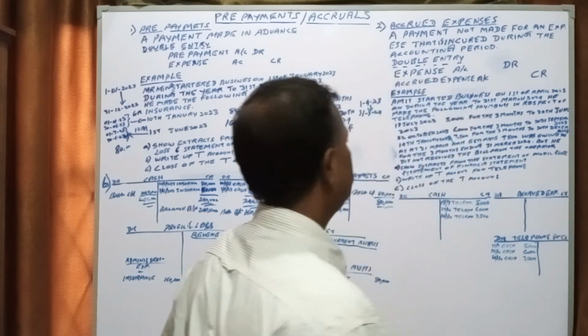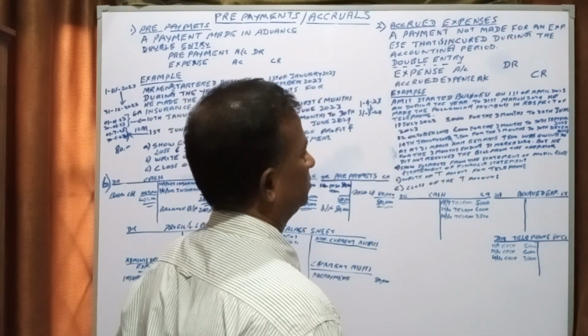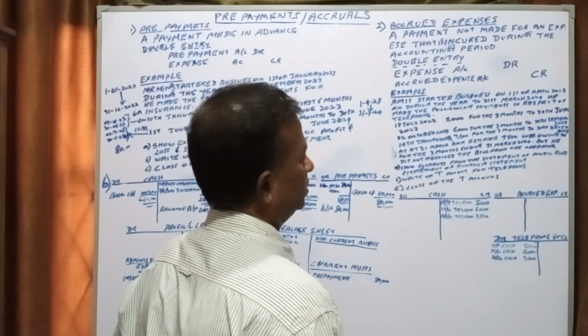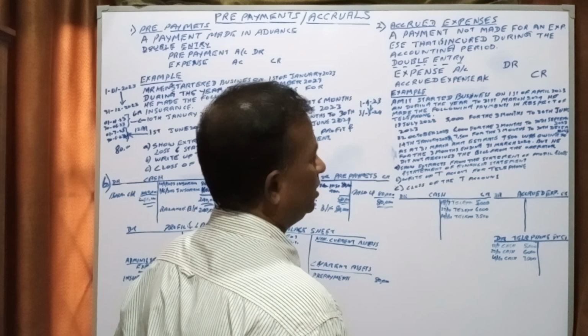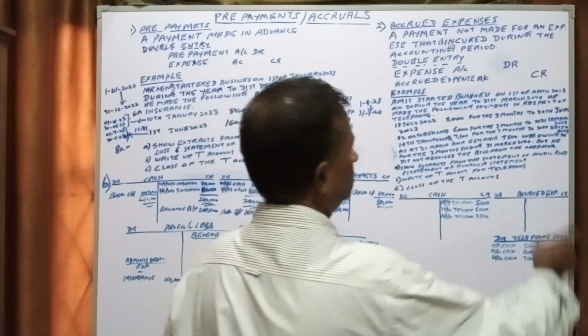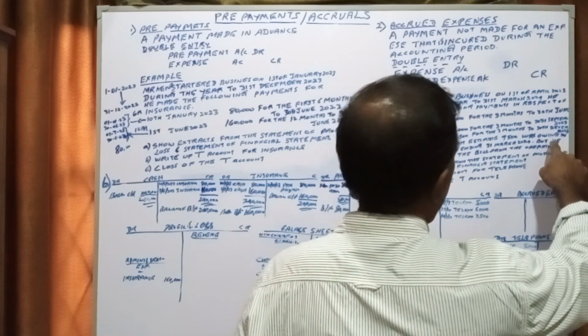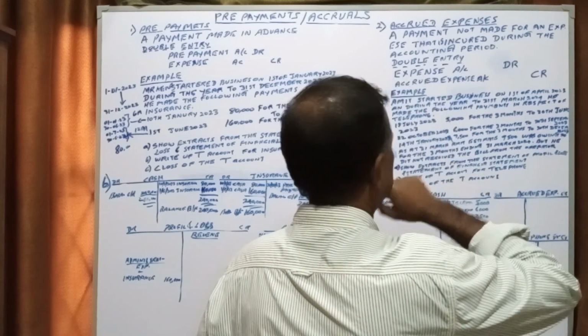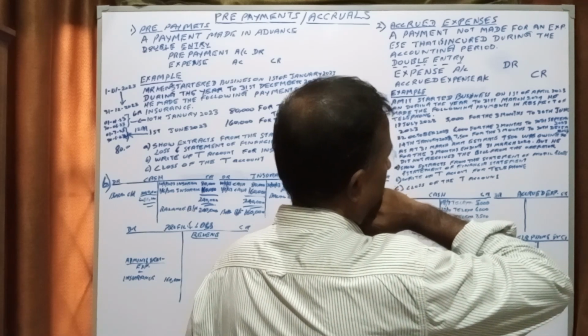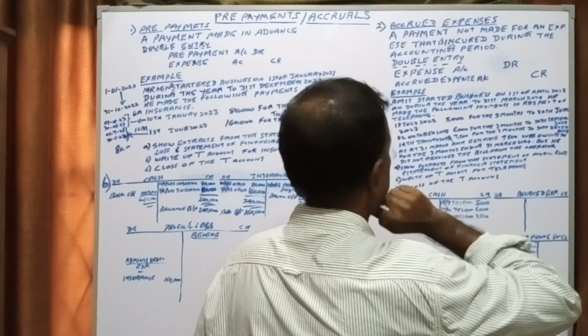And another piece of information is given: as at 31st March, Amit estimates the telephone charges of 9,500 were owing, but he did not receive any bills from the operator.